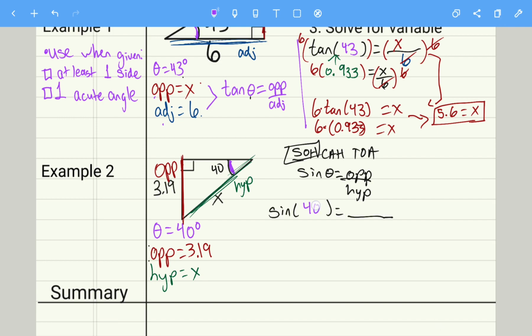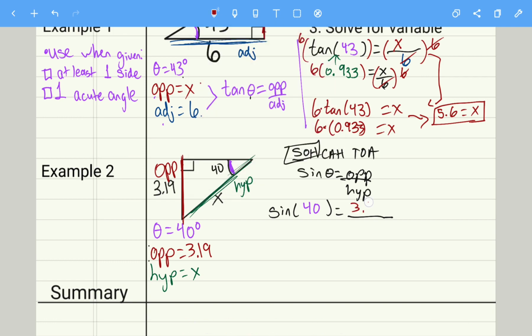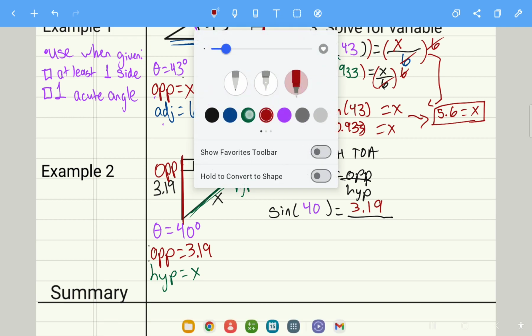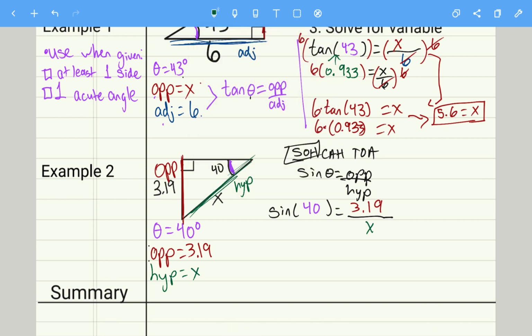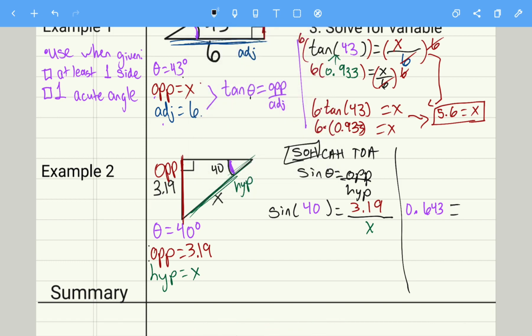So we get sine of 40 equals the opposite of 3.19 over our hypotenuse of x. If that sine scares you, you are welcome to plug that into a calculator right now to get 0.643. I like to use 3 digits for this part.